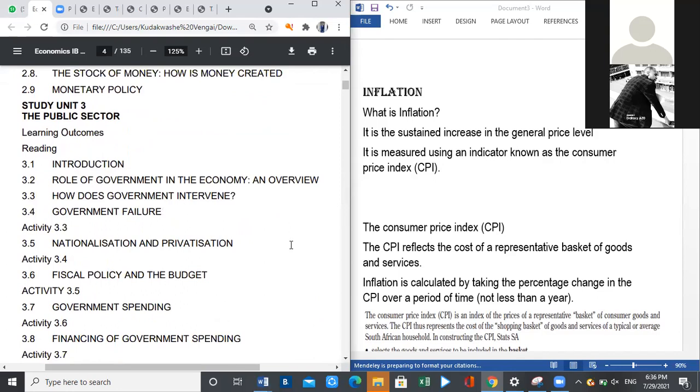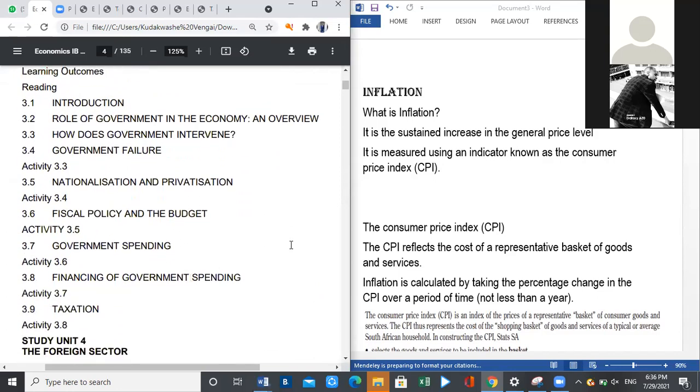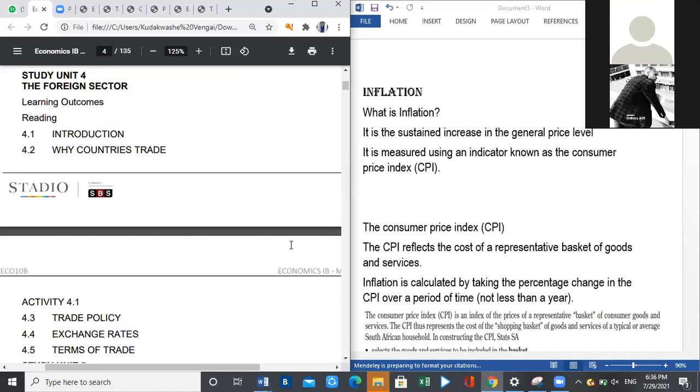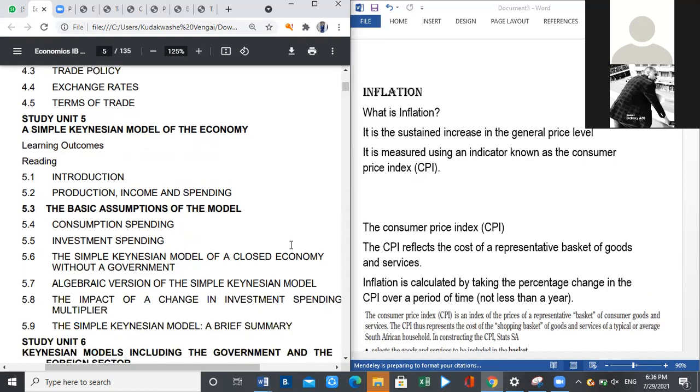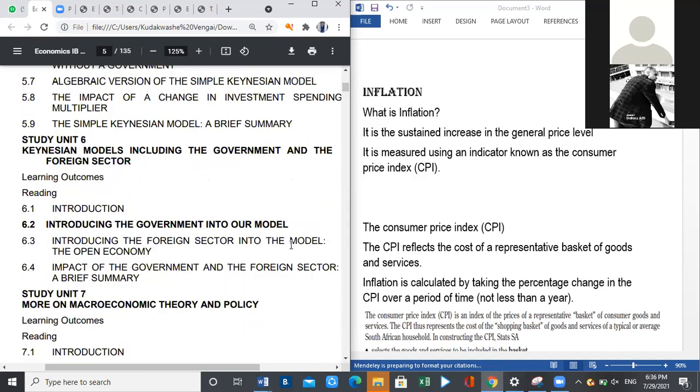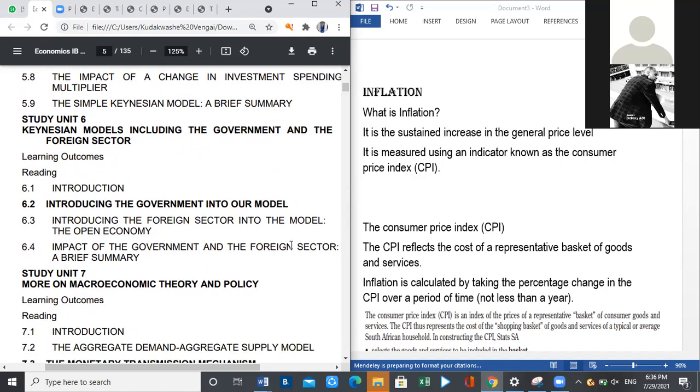Then the third unit talks about the public sector, the foreign sector on the fourth unit, and the fifth unit talks about the Keynesian model of the economy, and the sixth also talks about the Keynesian models, including the government and the foreign sector.